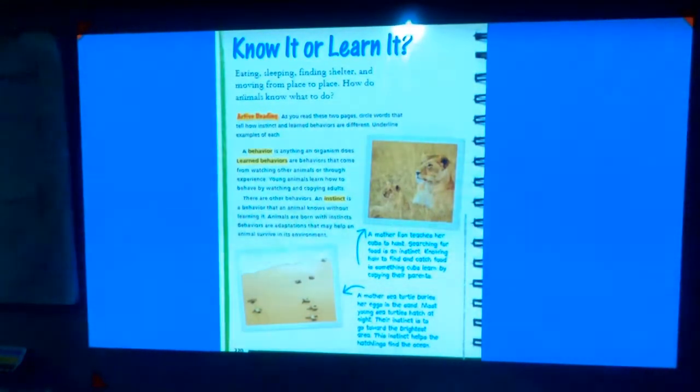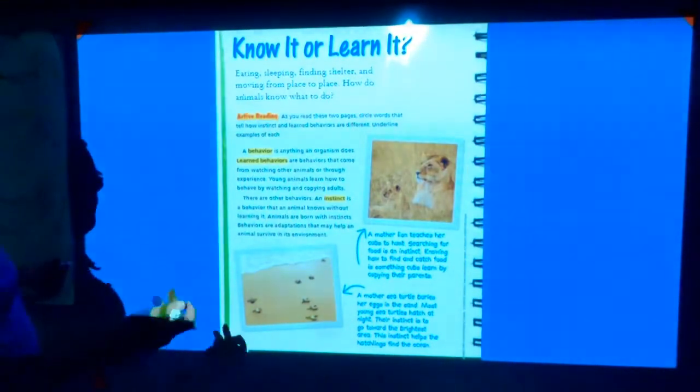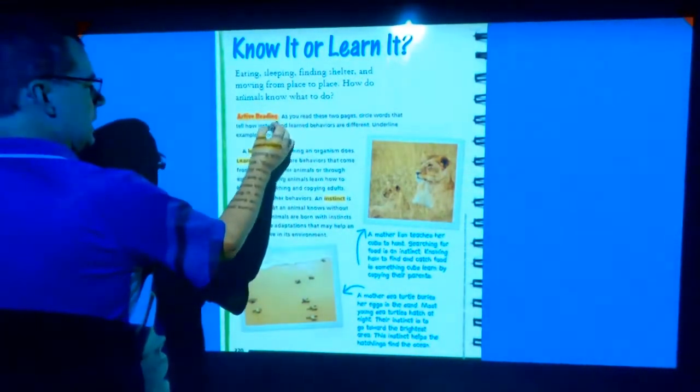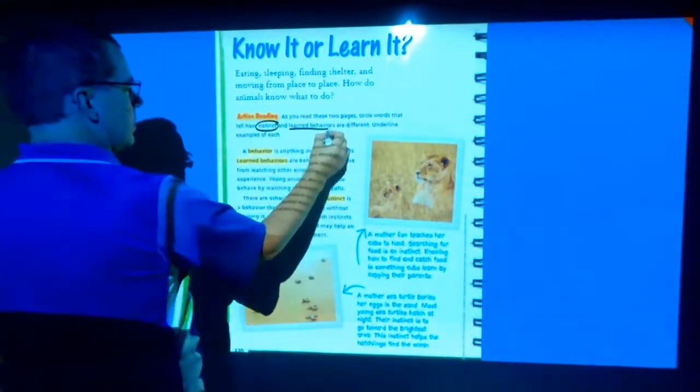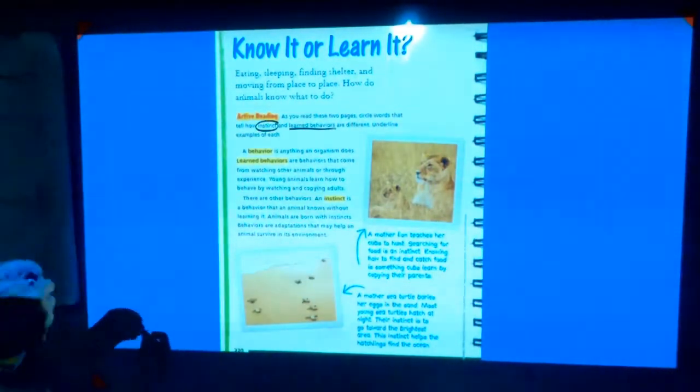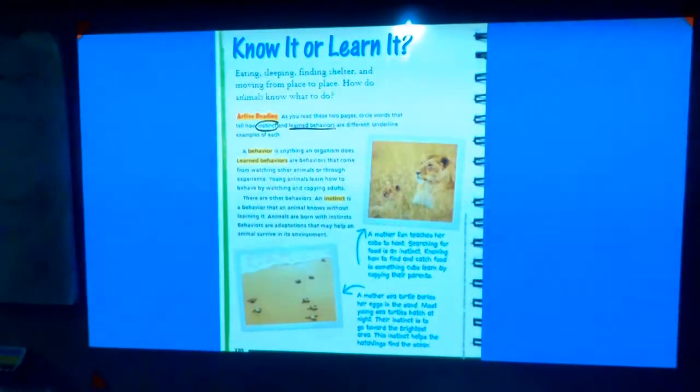All right, so we're circling words that show how instincts and learned behaviors are different. So we'll be circling instincts and underlining learned behaviors. All right, a behavior is anything an organism does. Learned behaviors are behaviors that come from watching other animals or through experience.